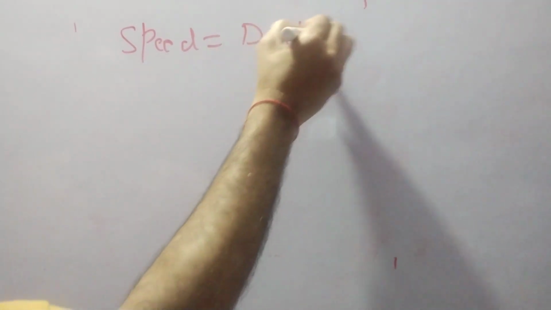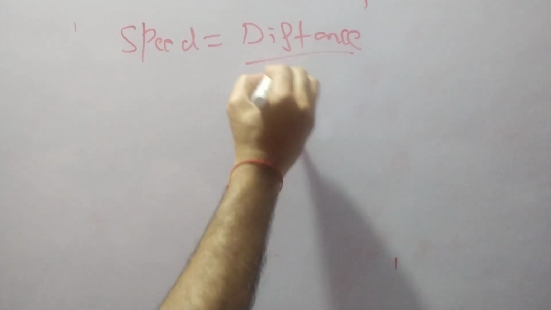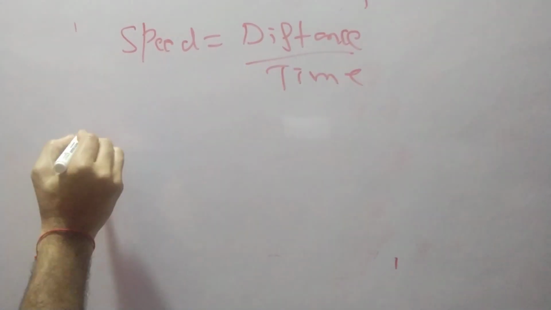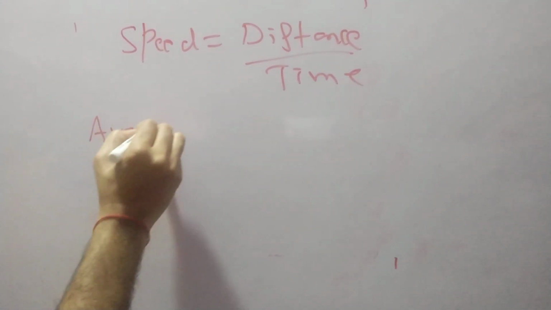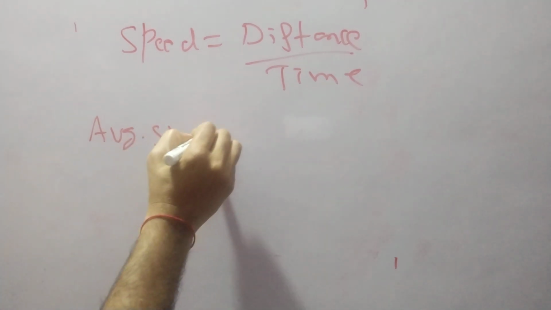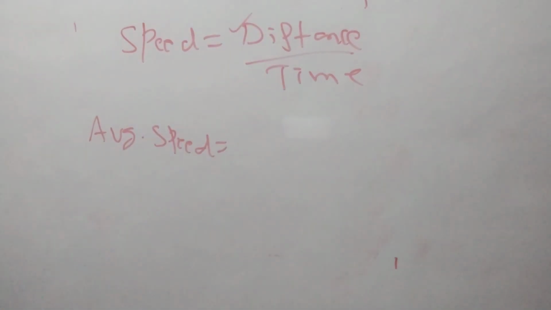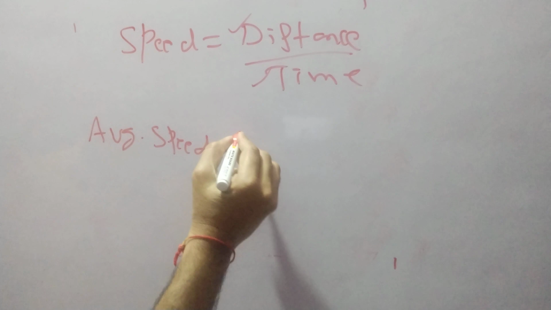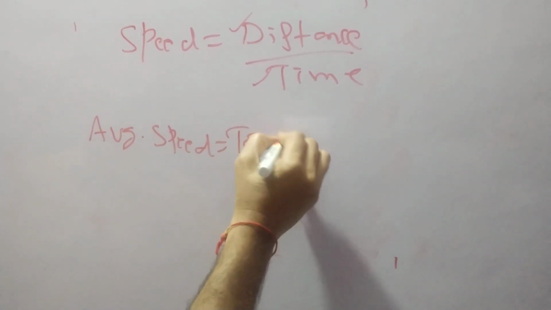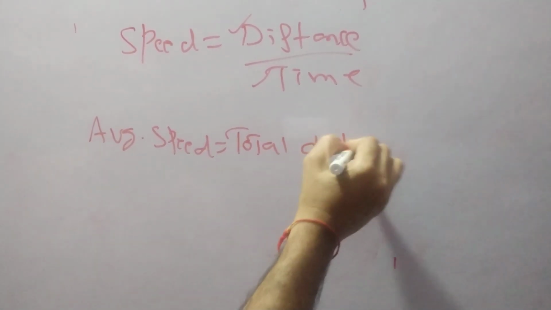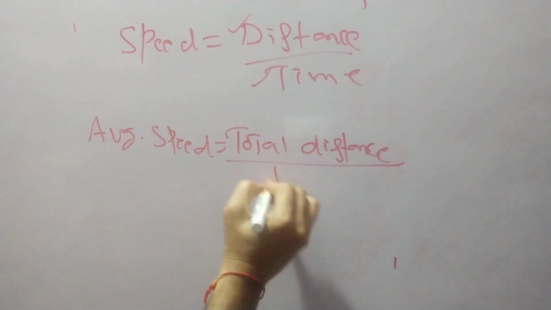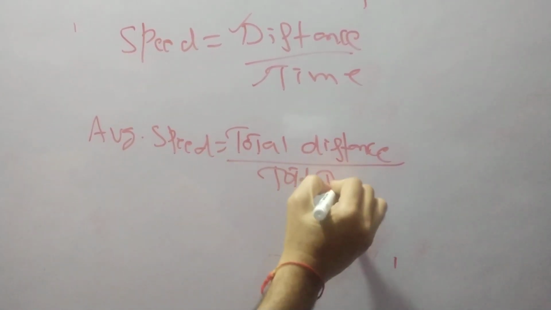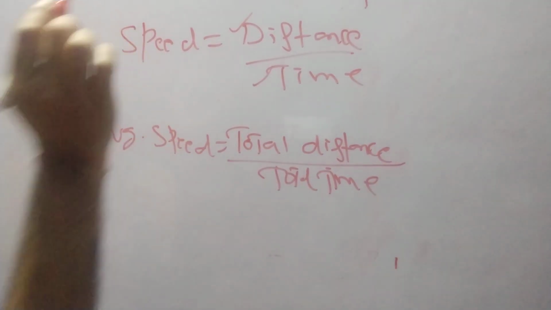Now for average speed, you have to take the total: total distance by total time. The remaining part is the same. So this is average speed.